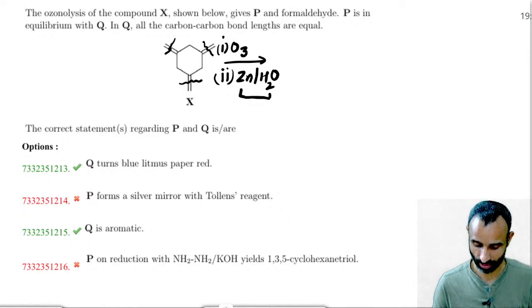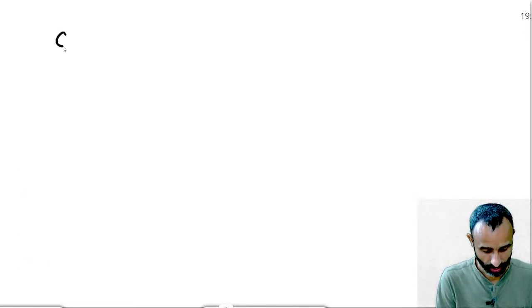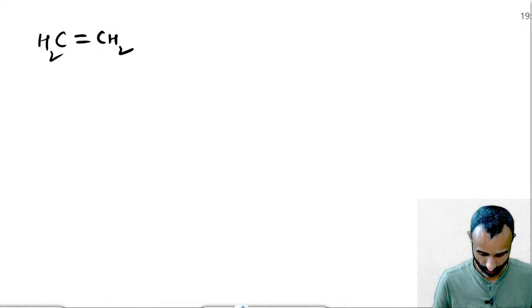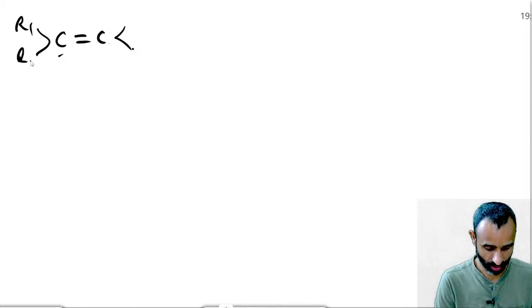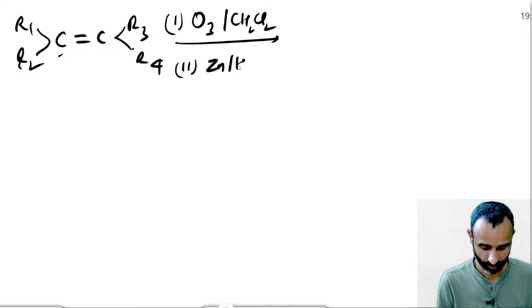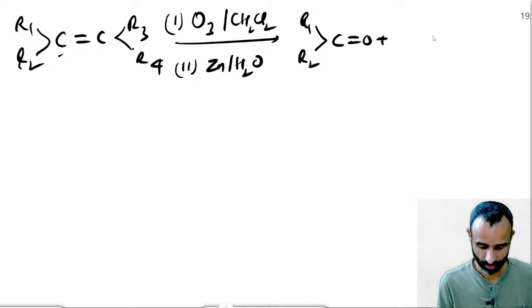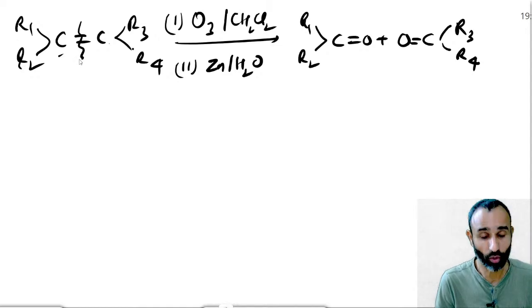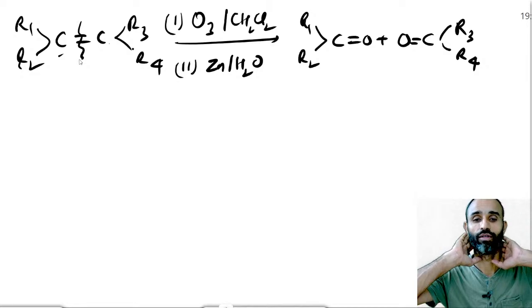Just see, first of all, if we have a double bond with groups attached R1, R2, R3, R4, and we do the ozonolysis, we simply break the double bond and attach double bond O. That's it.